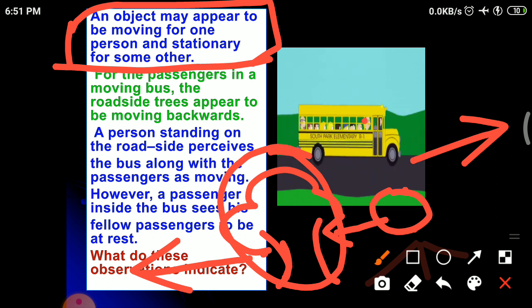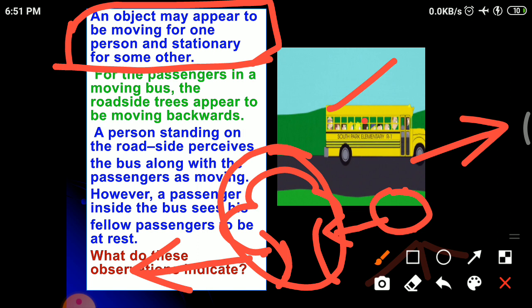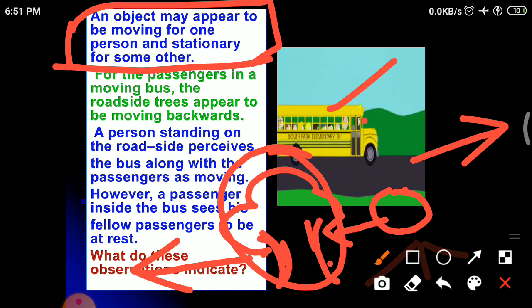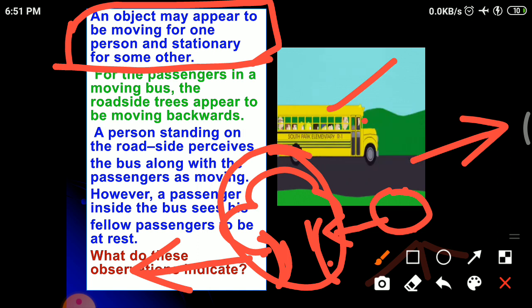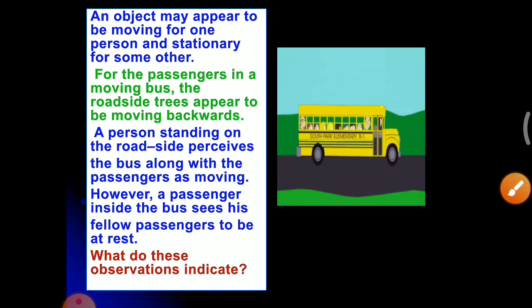Here the trees appear to be moving for the passengers in the moving bus, and the trees are at rest for the person standing near the roadside. So according to the person's position, the object may appear to be moving or at rest. So, what do these observations indicate?